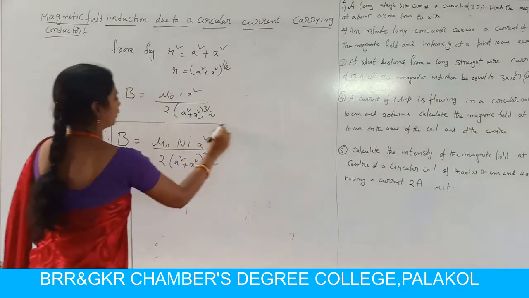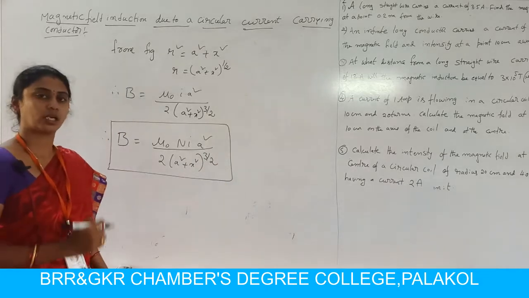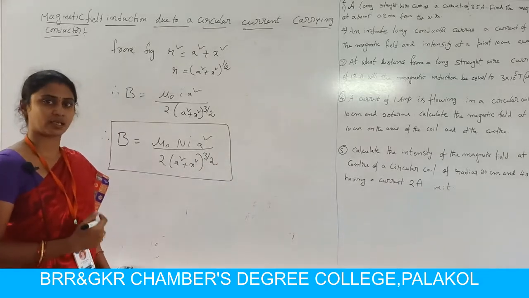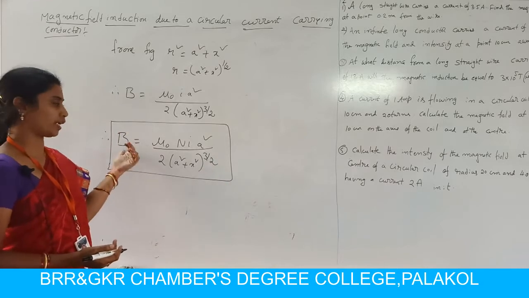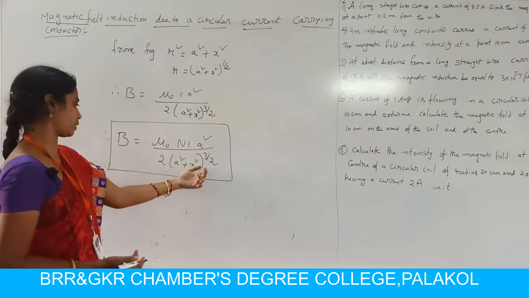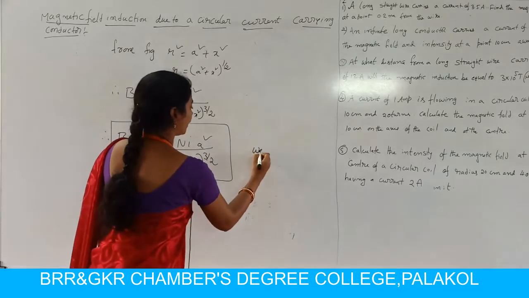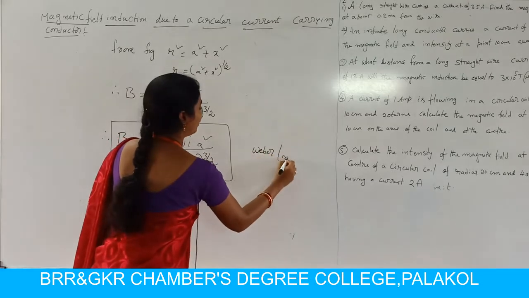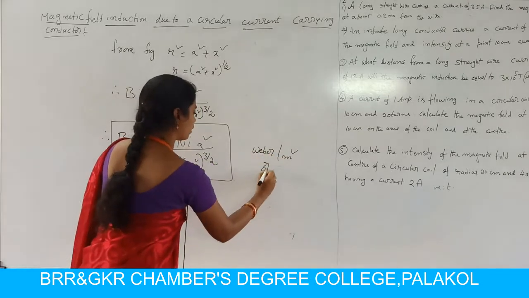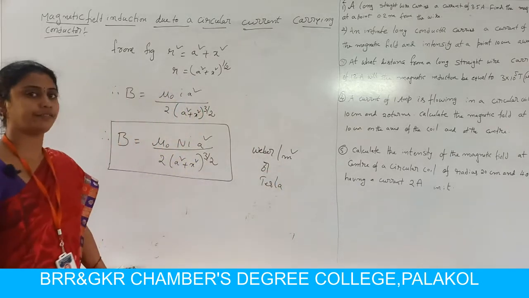This is the expression for magnetic field induction due to a circular loop or current carrying circular wire. The units are Weber per meter square or Tesla. These are the units for magnetic field induction.